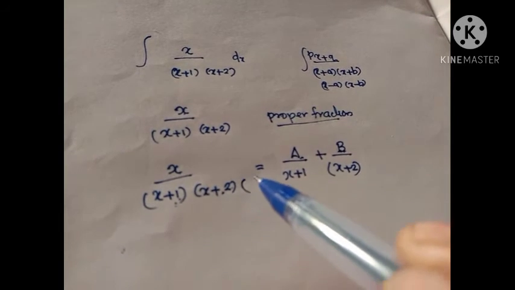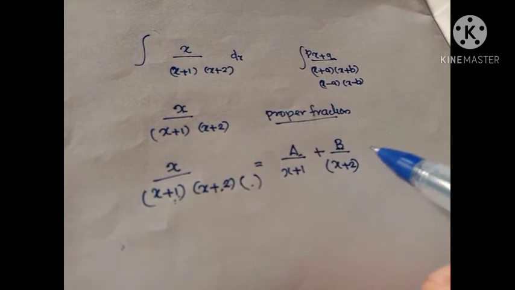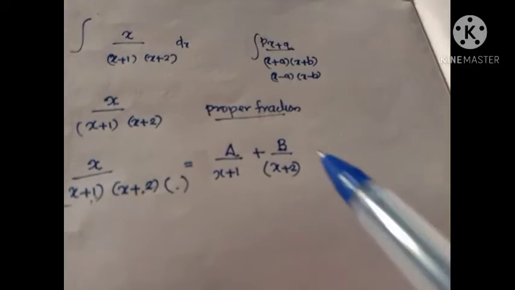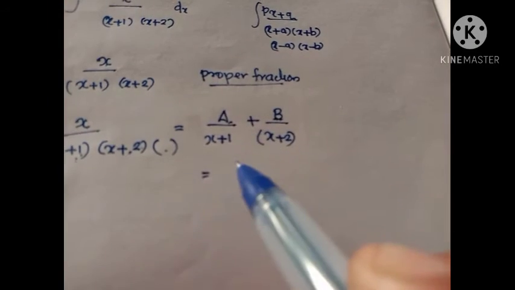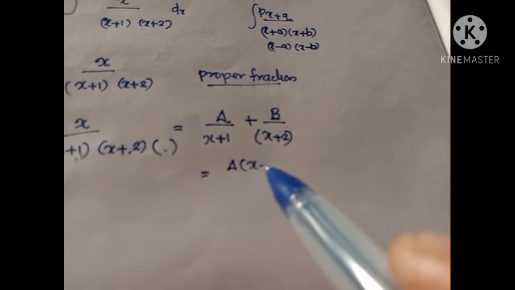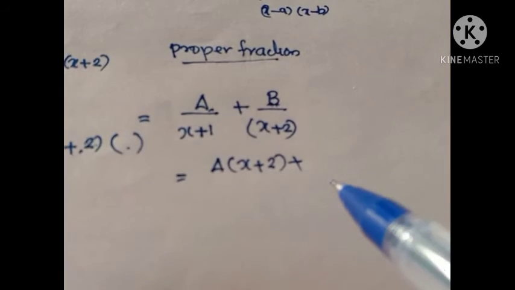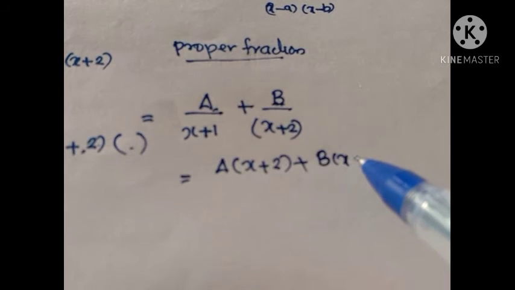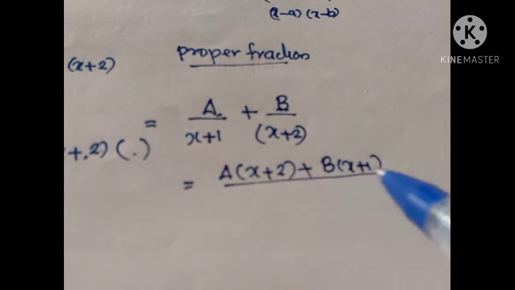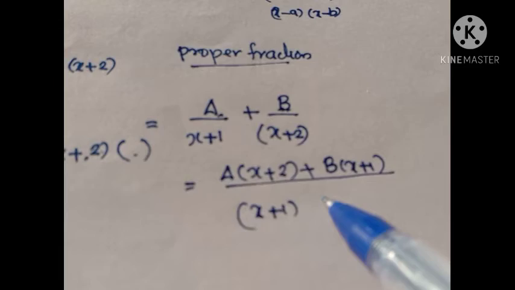If there is another factor, then we can write plus c by that factor. Now the next step is cross multiplication. So this becomes a into x plus 2 plus b into x plus 1, whole divided by x plus 1 into x plus 2.